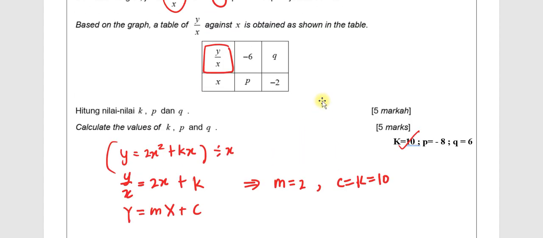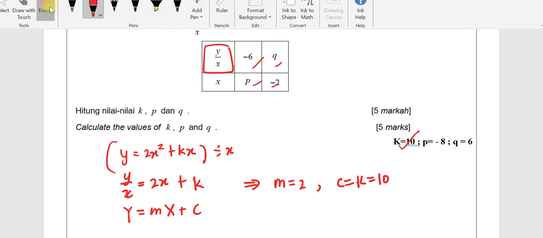Now you find them one by one. Don't worry, you have p and q. How to find the gradient? If we use these pairs, it won't be successful because you have two unknowns there.